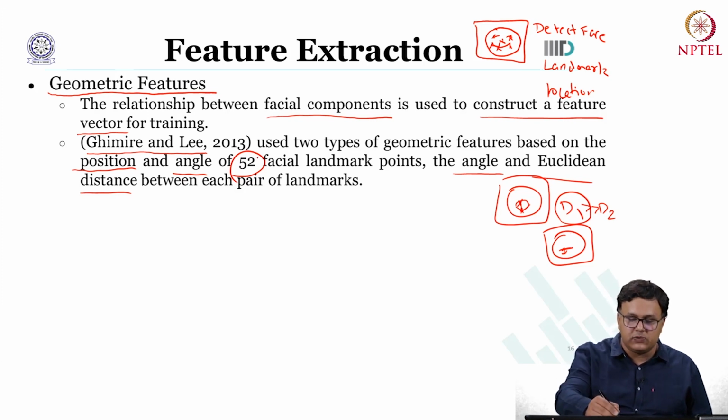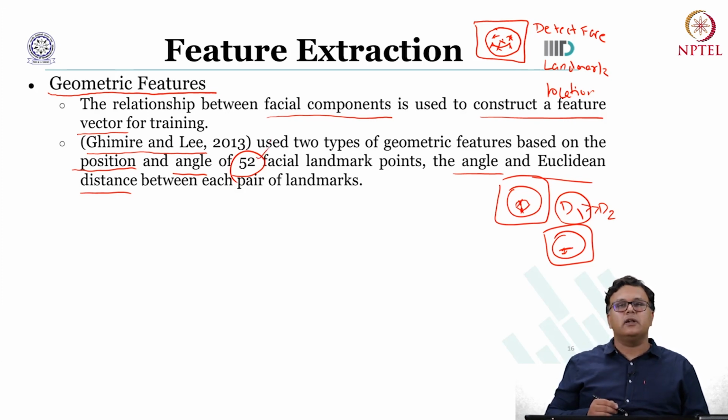Now, notice in this work, the authors had 52 facial landmark points. You can have a larger number of points as well. And these points are based on the type of object detector which you are going to use.